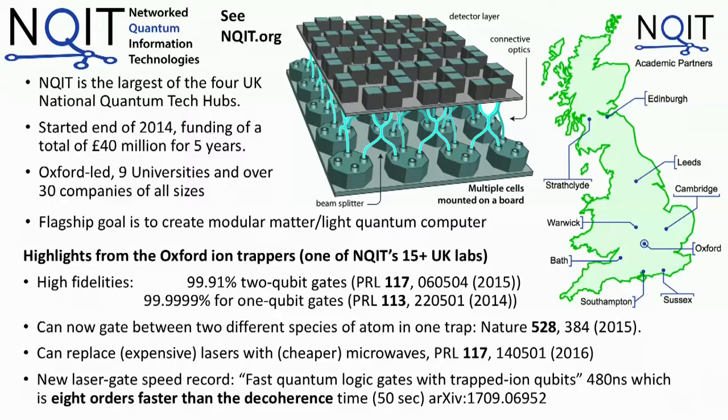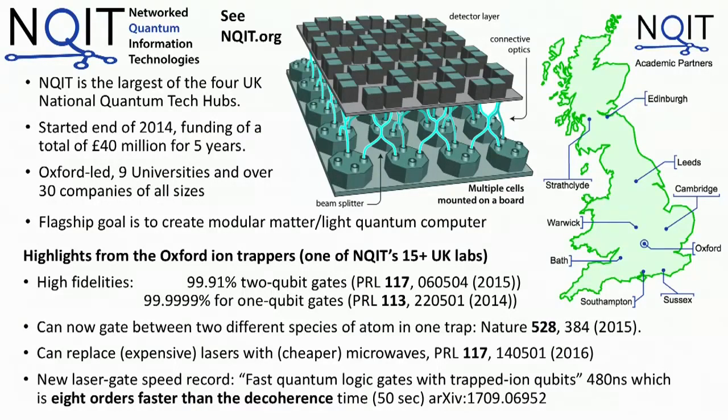I think the goal of NQIT is to create a modular quantum computer. That means we make very small-sized quantum computers with very high fidelity, make many of these modular quantum hardware units, and then connect the different units using quantum optics. Here you can see a schematic of how to do this.